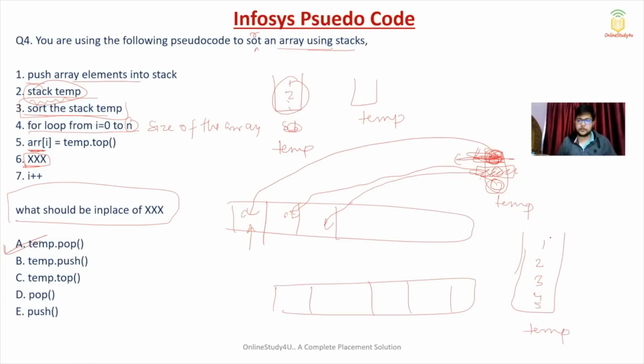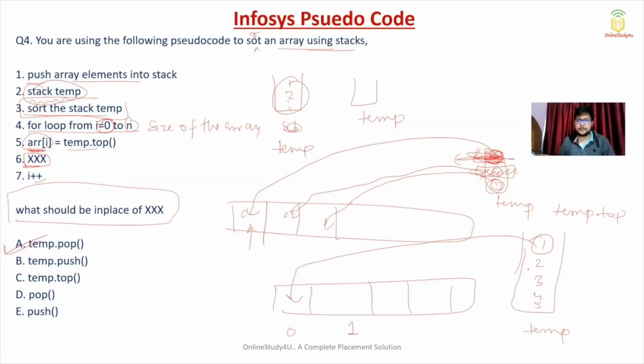So how can we access this element? We can access it by saying temp.top. I'm saying ARR of I is equal to temp.top, and I is initially 0. So at ARR of 0, I put temp.top, and then I incremented I to 1.